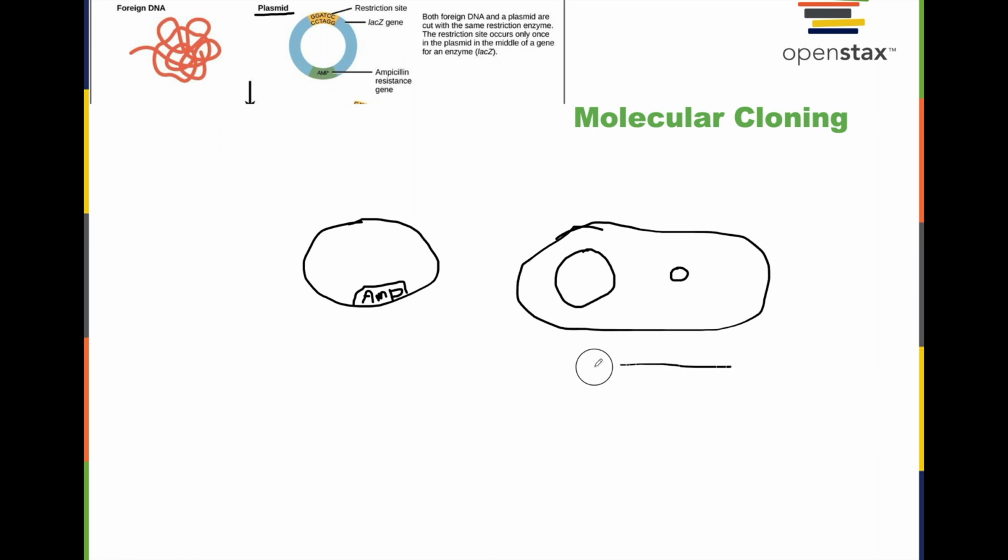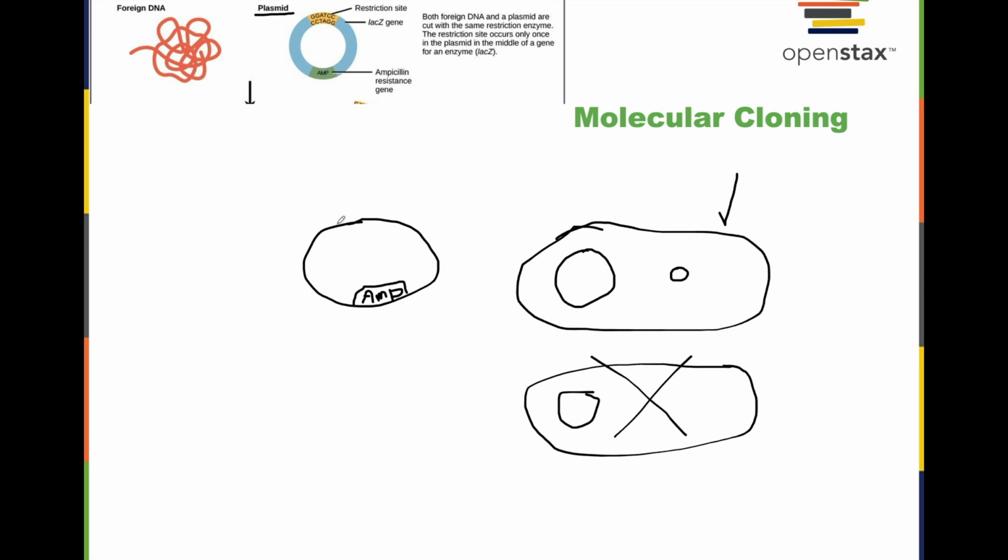So if you have two bacterial cells, one that is carrying the plasmid and one that is not, and you grow these in a growth medium that has ampicillin, this one cannot grow, but this one that has the plasmid can grow because it carries that ampicillin resistance gene. It's a way of scientists knowing which bacteria have taken up the plasmid.